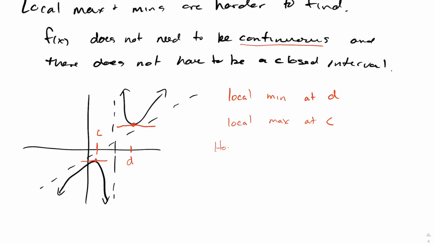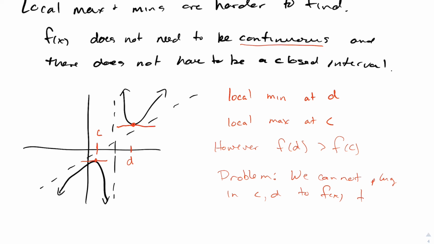However, if I look, f of D, the y value for D, is actually greater than the y value for C. And this poses a problem for us. The problem is we cannot plug in C and D to f of x to find local maxes and mins.